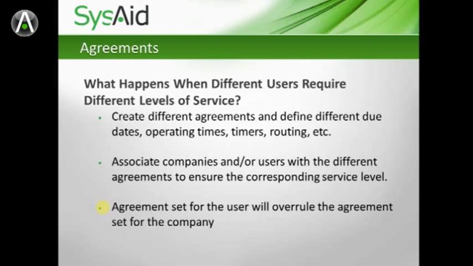What happens when different users require different levels of service? For example, Hanan stated an example of executives. If you've got the CEO, the CIO, the CTO requiring service at a higher level, with shorter response time and higher support levels, then you'll need to set up different types of agreements for each type.